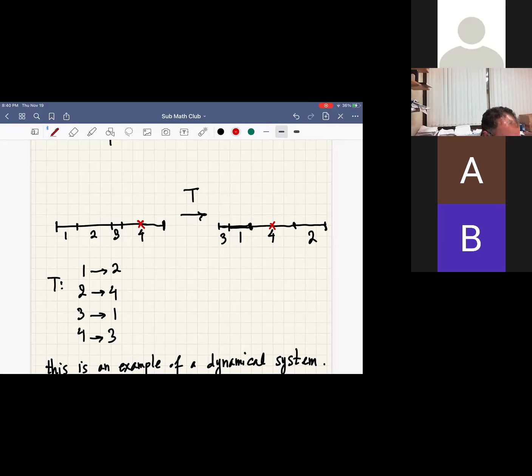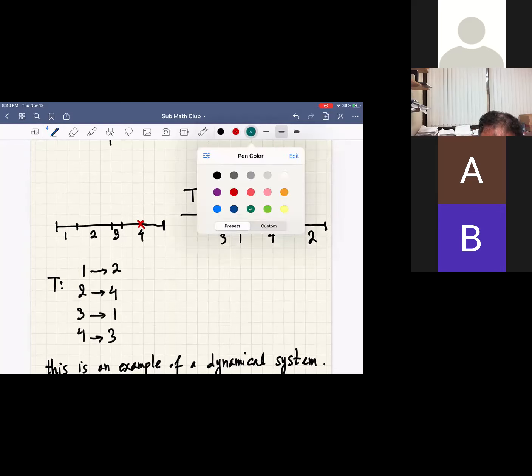So let me tell you why. Let's look at the interval exchange which we have here, and I'm going to draw a polygon which sort of contains my interval exchange. So let's look at this part, and let me use the color blue.